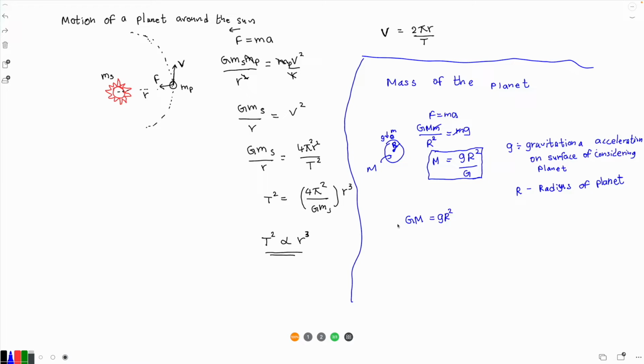This is a very famous substitution, you have to remember it. It is going to be used for MCQs, right? So we can use this equation for any number of planets if we know the mass, gravitational acceleration, and radius of those planets, right? This is a very famous one, you have to remember it also, right?